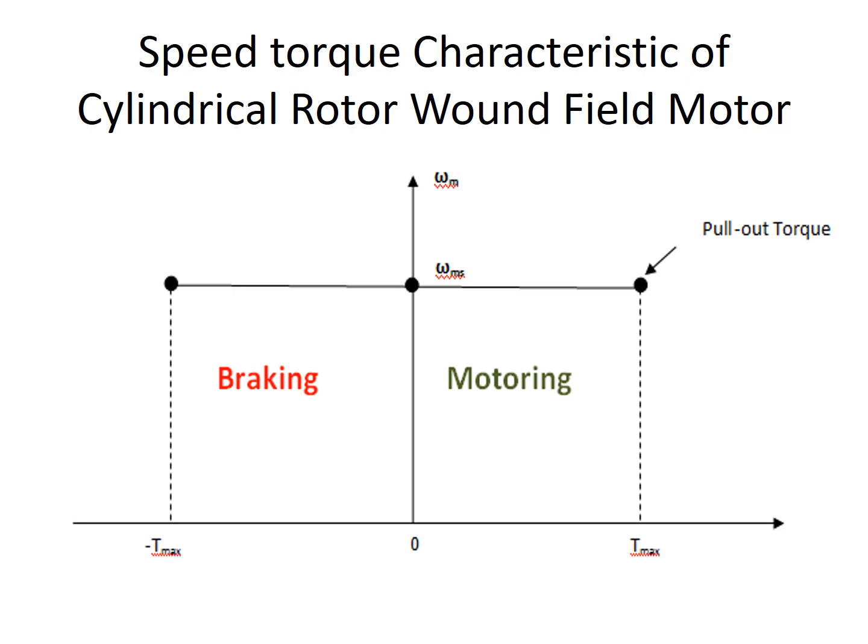So in order to prevent damage due to excessive current, automatic air circuit breakers are provided to disconnect the machine when it comes out of synchronism. But till Tmax, whatever the load is, the speed will be constant, that is omega ms.